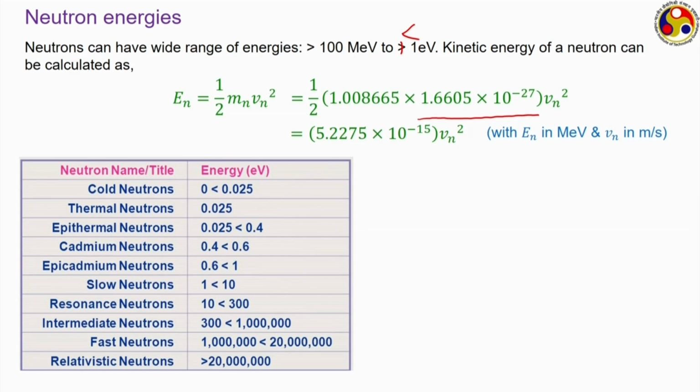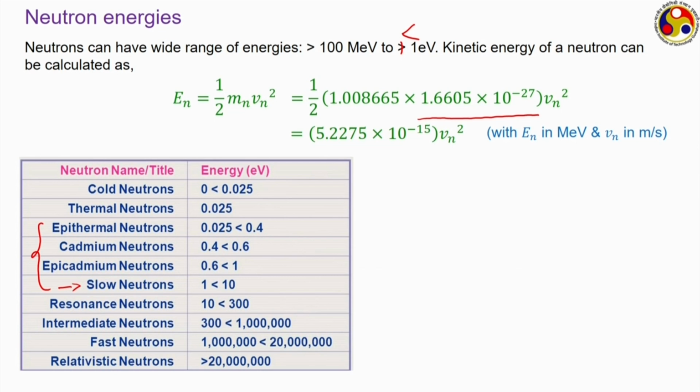Of course, all these are not important, rather we can club several of them together. Say for example, this slow neutron refers to, as per IAEA guideline, neutrons having energy between 1 to 10 electron volt, but generally this entire group we shall be calling slow neutrons, that is any neutron having energy less than 10 electron volt.